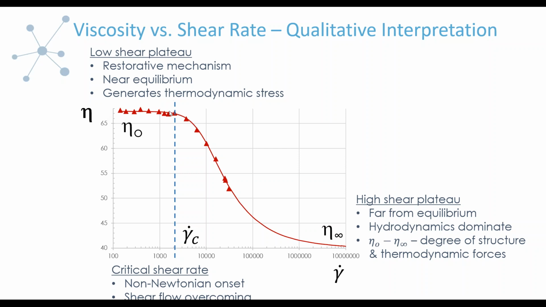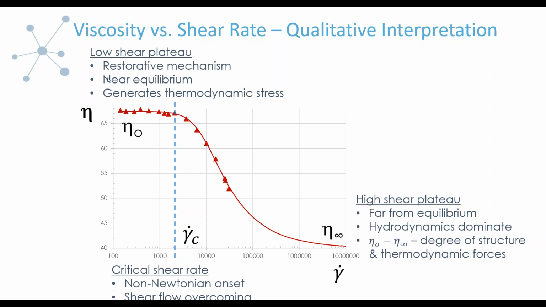We see an onset of shear thinning at some critical shear rate, a shear thinning regime, and ultimately, if we were able to get to rates high enough, which is beyond the capability of our instrumentation and, in many cases, most types of instrumentation, we would enter what we refer to as the high or infinite shear plateau.